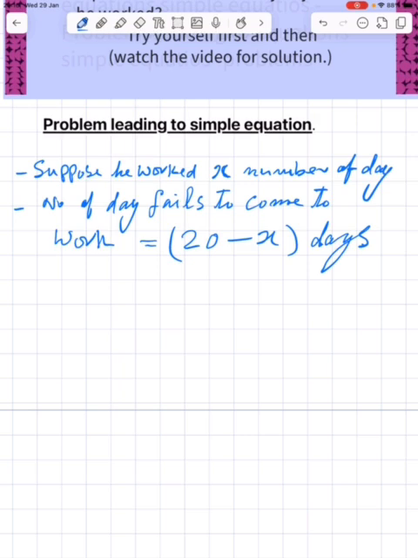The next bit of information is that he's paid £50 per day. So he will be paid £50 times X pounds.